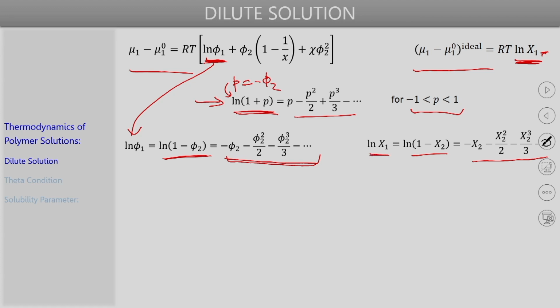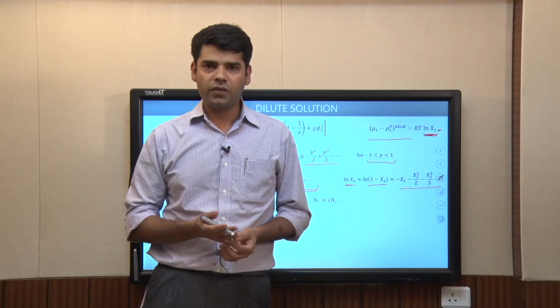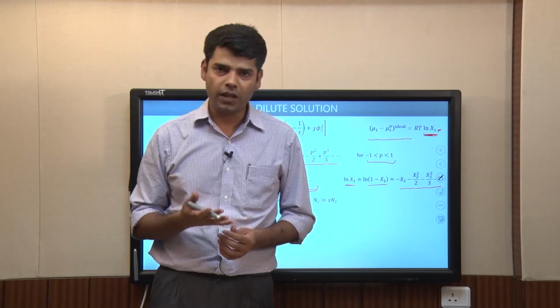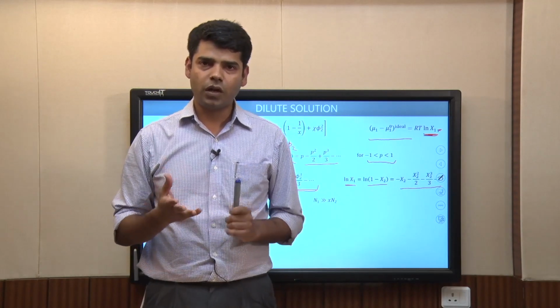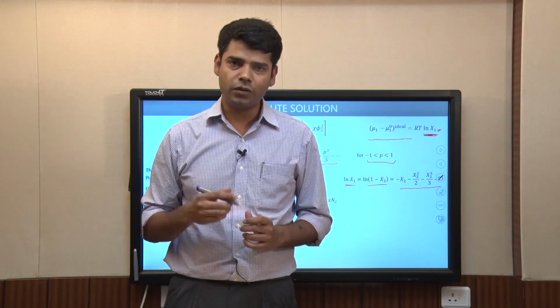So, now that we have expressed these two natural log terms as two infinite series, next let us consider the case of a dilute solution. Everything that we have done till now applies to any kind of solution. We have not invoked any assumption with regards to how dilute or how concentrated the solution is.